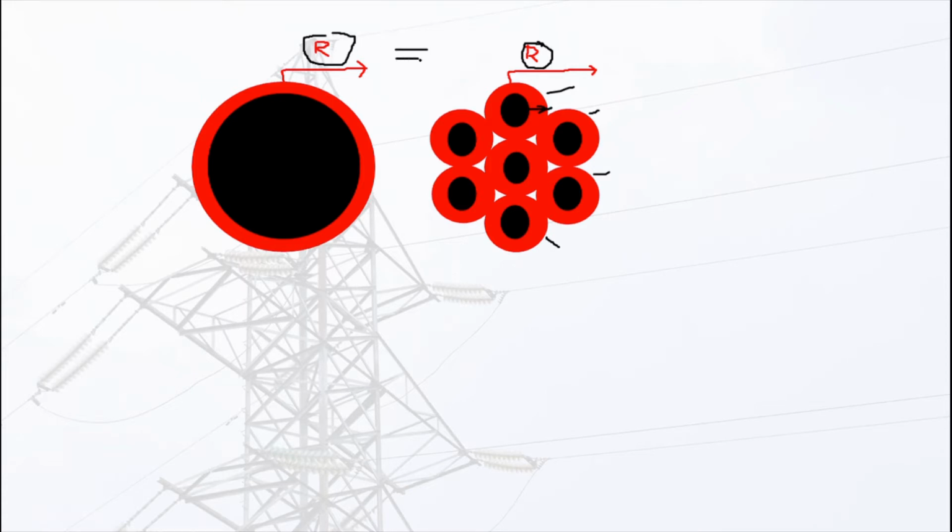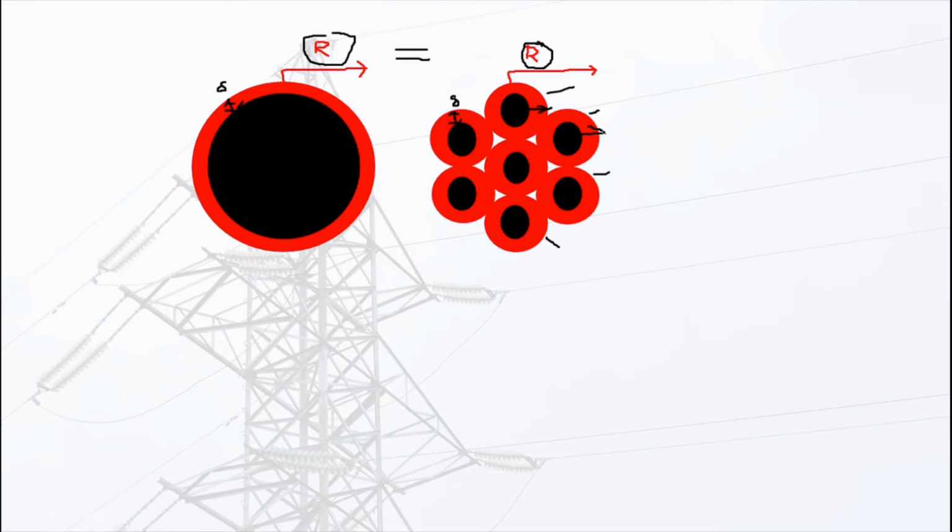Now in the solid conductor current will penetrate up to depth delta. The width of this current circle is delta. In the stranded conductor current will also penetrate up to depth delta in each of these conductors. So in each of these conductors or strands current will penetrate up to the same depth delta.